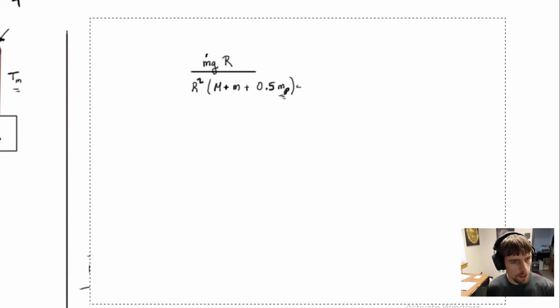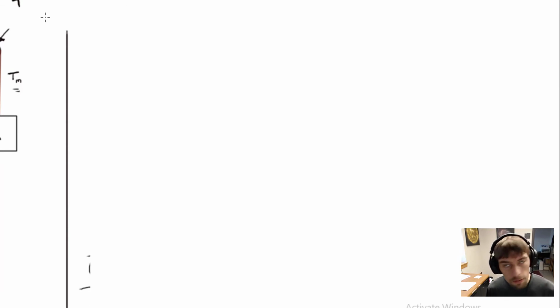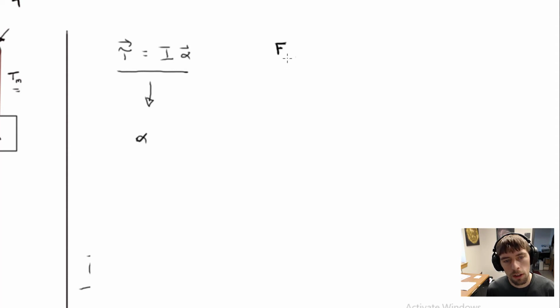Okay. The last thing that I'm going to point out to you, and then we'll call it quits after this, is that when we were looking at the pulley, we decided to go with Newton's second law for rotational motion. We used this, and eventually we found an expression for alpha right here. The question I have is, well, could we get more information using Newton's second law in translational form?